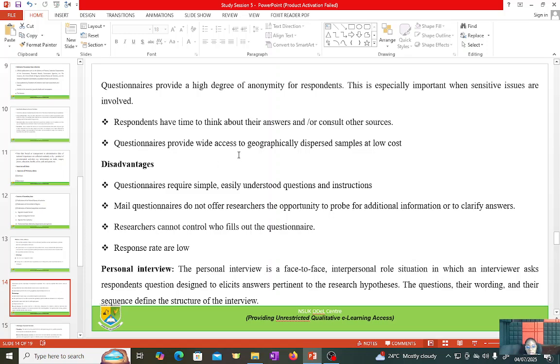Questionnaires provide wide access to geographically dispersed samples at low cost. It wouldn't matter where the person lives. The person could even be abroad. As long as this questionnaire will be sent through emails, geographical location does not really matter, and the cost that comes with lack of proximity is also ruled out.